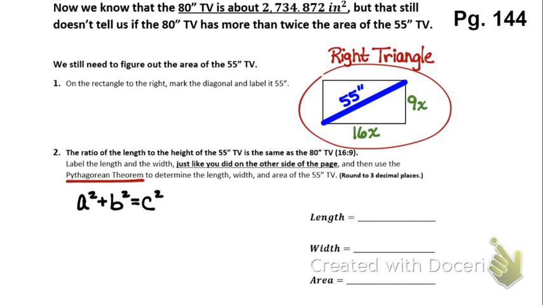There's only one piece of that equation where it has to be a specific part of the right triangle. C has to be which part? The longest side. On our triangle, that's the 55. So we're going to put 55 in the place of that C. Does it matter which leg I put in for A and which one goes in for B?